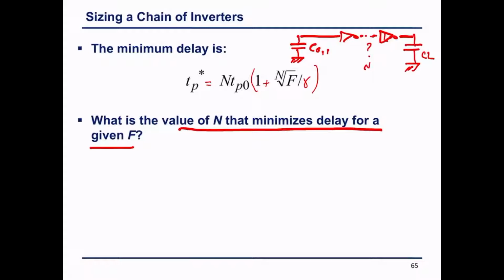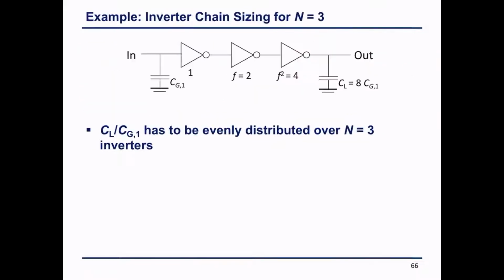For this, what we need to do is really to take del TP star by del N, but this is a complex mathematical expression, and it has no unknown other than N. Here we're giving an example first.